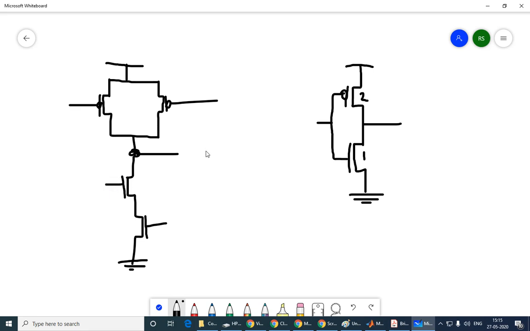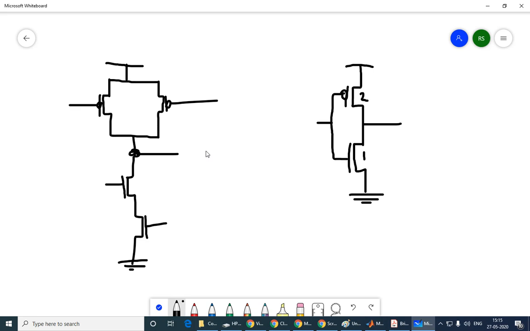Okay, finally, now we have both the gates. One side we have the sizes, the other side we have the gate. Okay, that's fixed. And the requirement is that the PMOS and the NMOS should be given sizes.